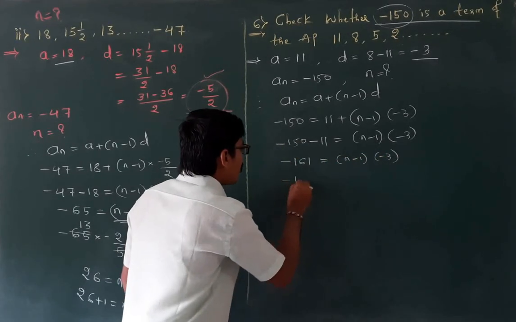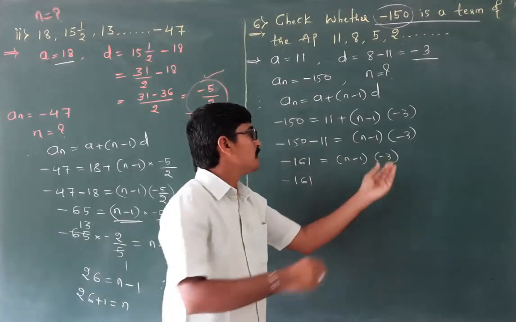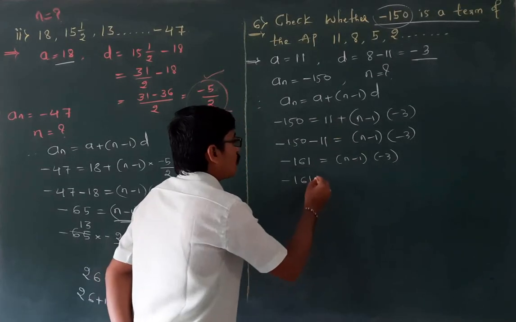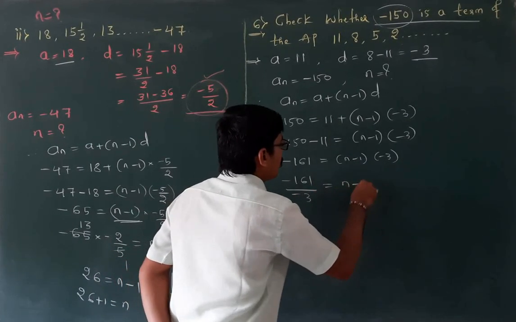We want the value of n, so shift this: minus 161 divided by minus 3 is equal to n minus 1.